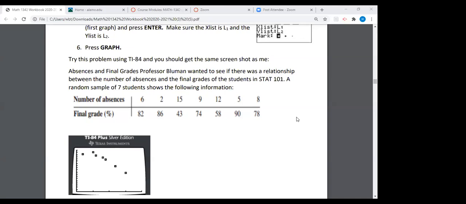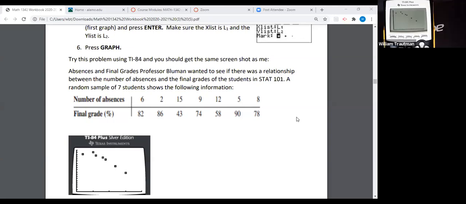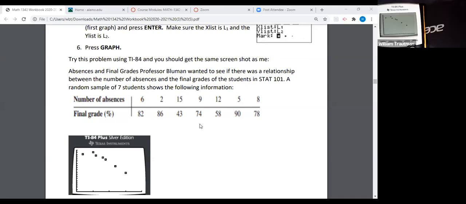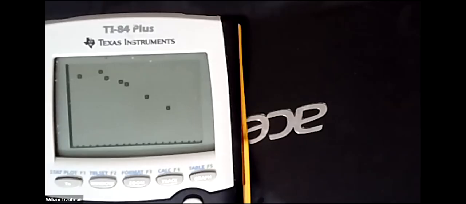Sir, when I try to enter the new data, it brings up the old list. What do you mean? Well, you have to clear that list first. I did, and it comes back. Okay, so that might be a problem with the app. Let's take a look.